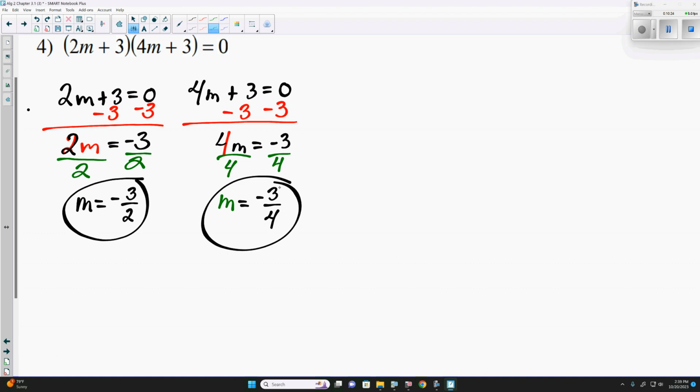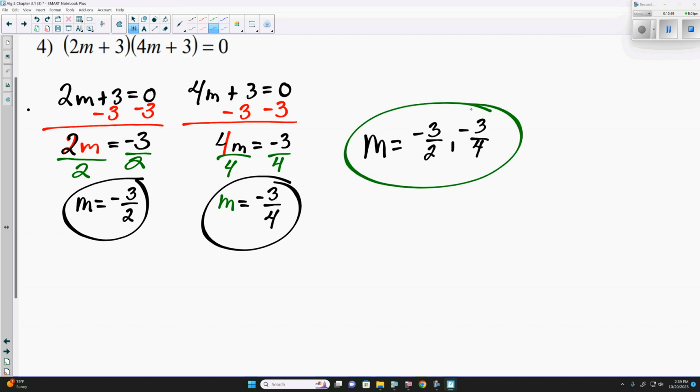Now we could plug them in just like we did the first one, and it will tell us that these do indeed make the equation equal 0. Questions on this here? So your answer would be that m equals negative 3/2 comma negative 3/4. I can write it as one statement.